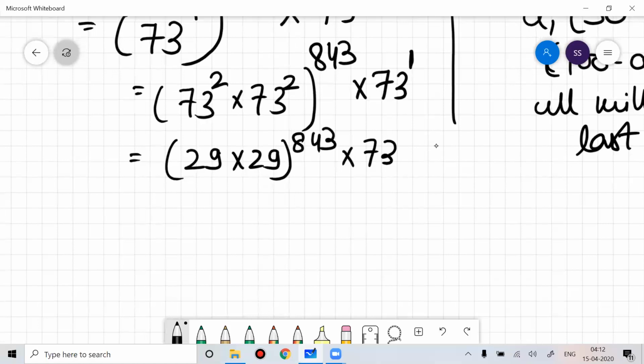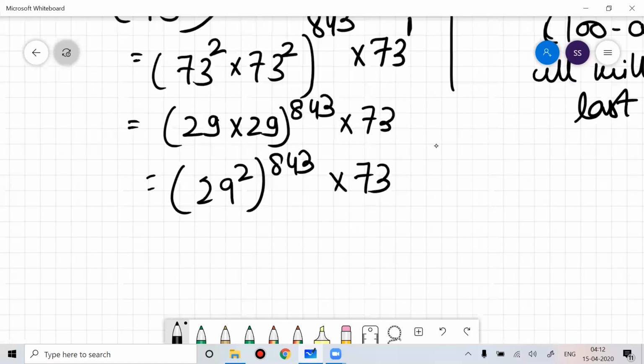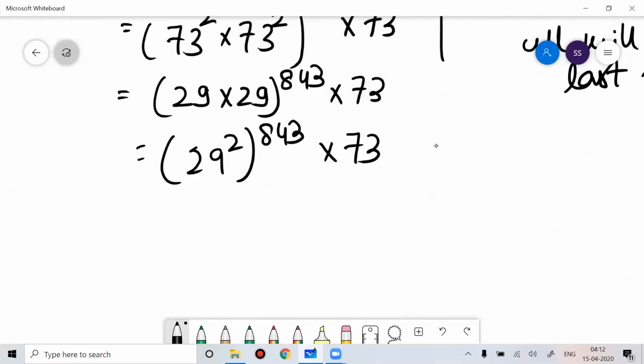So this is now 29 square to the power 843 into 73. What is 29 square? 29 square is 841. If you don't know that, also fine: you can write 29 as 50 minus 21, and 21 square is 441, so the last two digits are 41. Your work is done. This is 41 to the power 843 into 73.